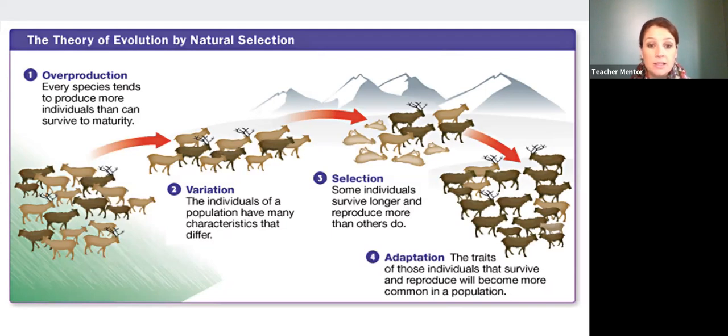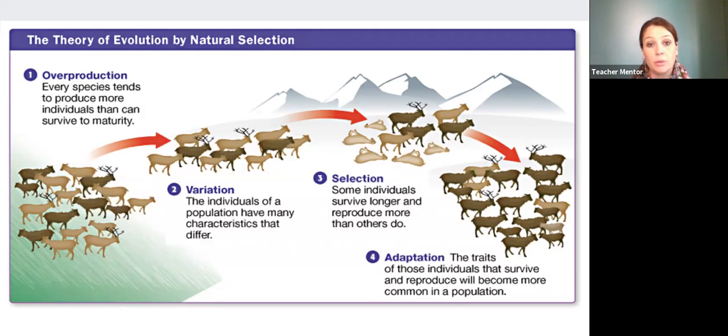And then the second is variation. We all have variation within each species. So within this elk herd, there are different variations: different colors, different sizes, different antler sizes. The third is selection, where some individuals are going to survive longer and reproduce more than others.